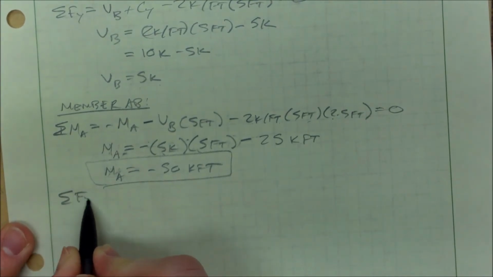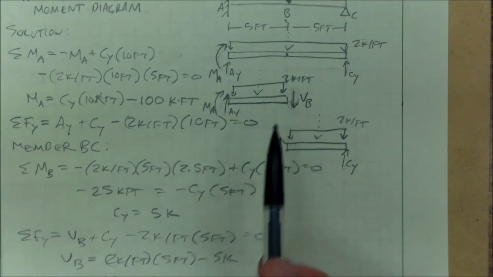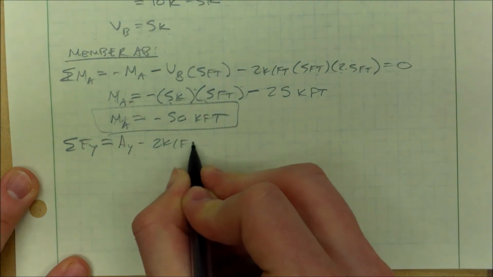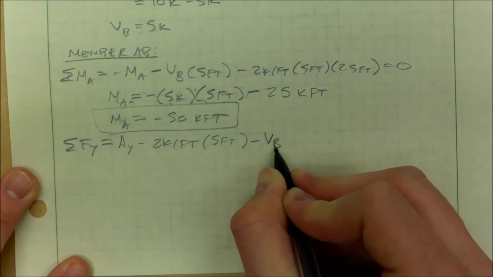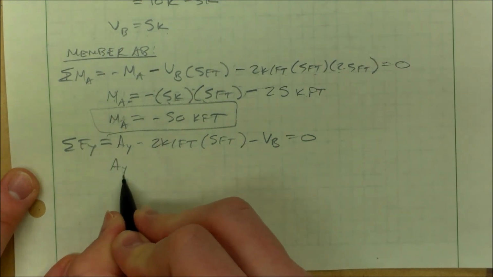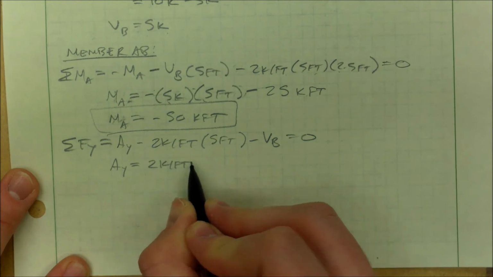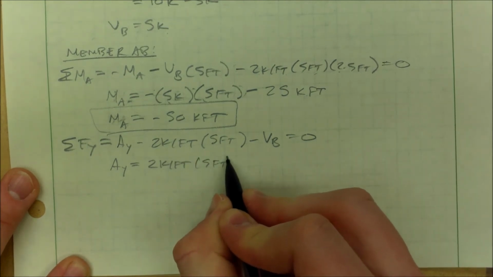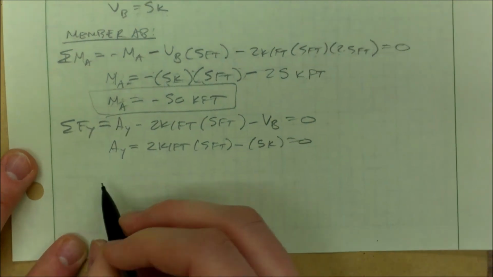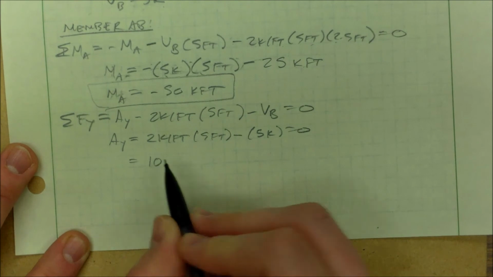Okay, let's do the sum of the forces in the y direction for my left side. I have AY minus 2 kip per feet times 5 feet minus VB equals 0. AY equals 2 times 5, which is 10.